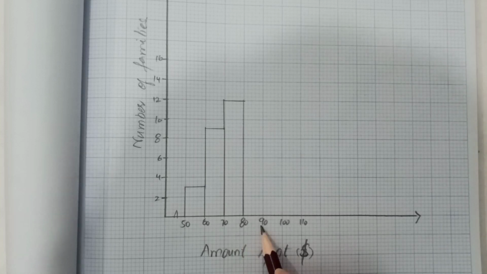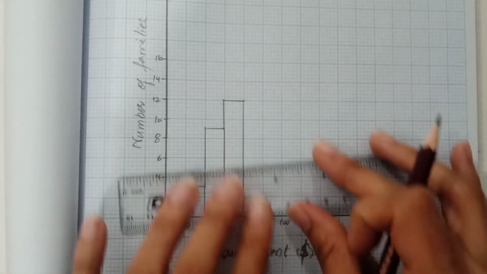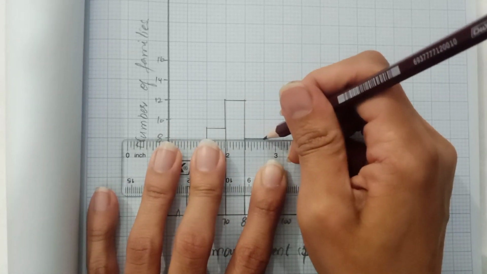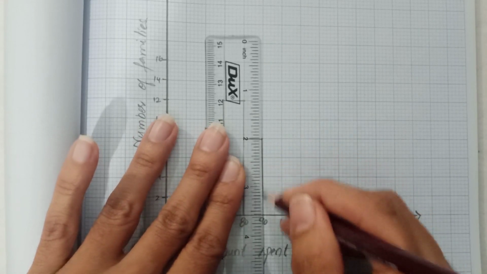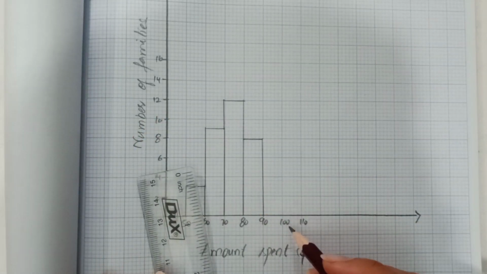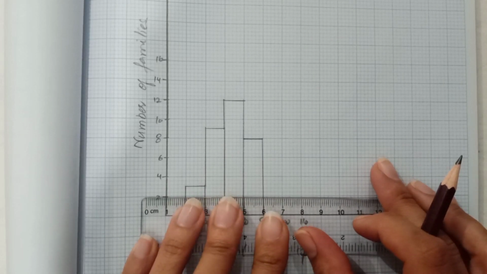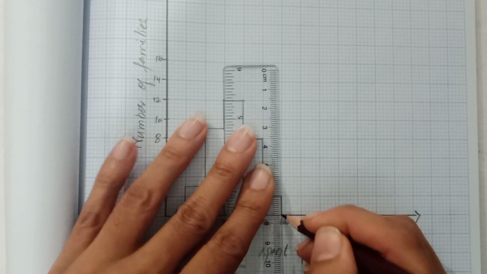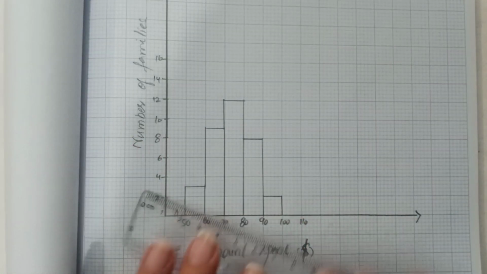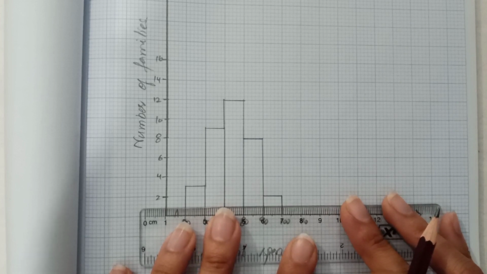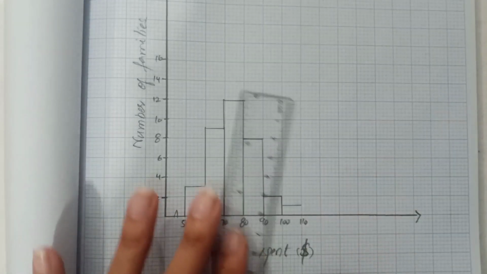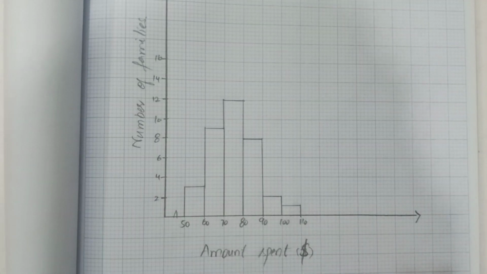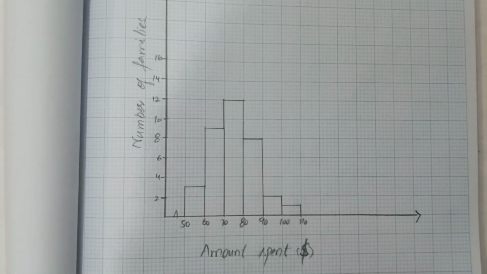From 80 to 90, this is 8, and from 90 to 100, this is 2. From 100 to 110, this is 1. Yes, friends, this is the histogram for the provided data. Now it's done.